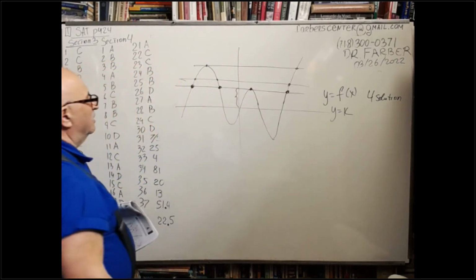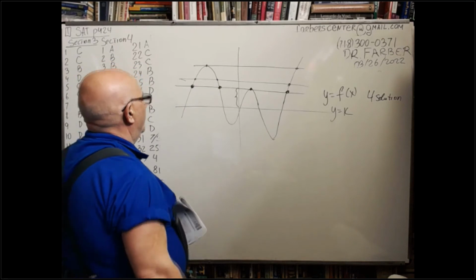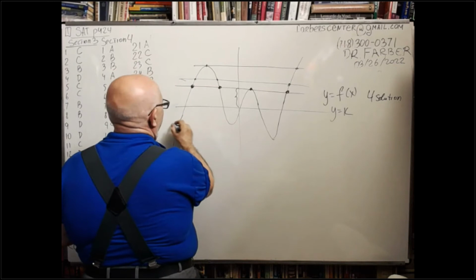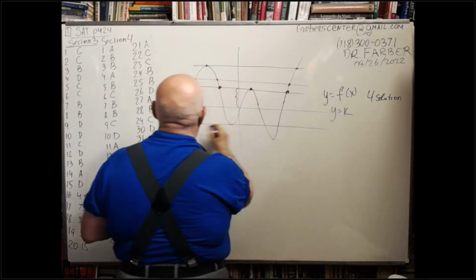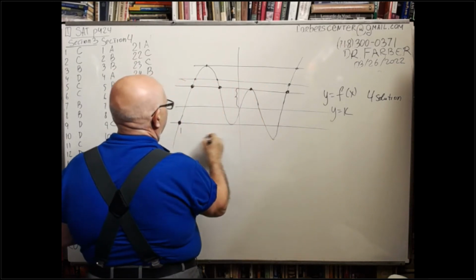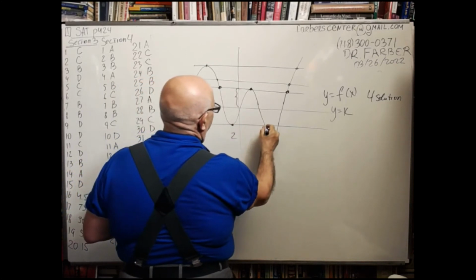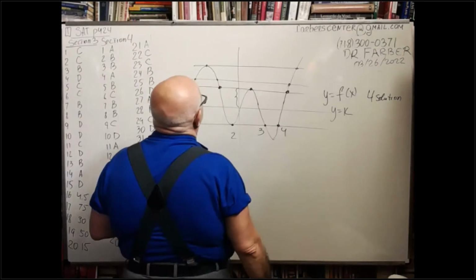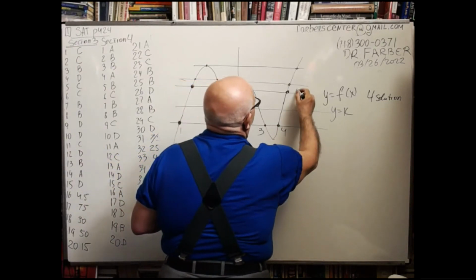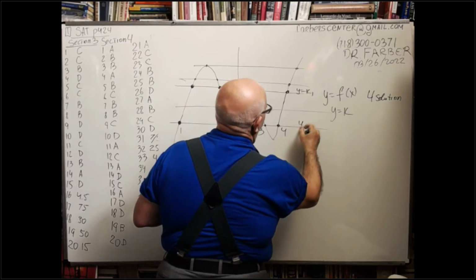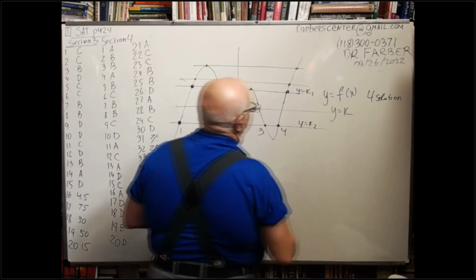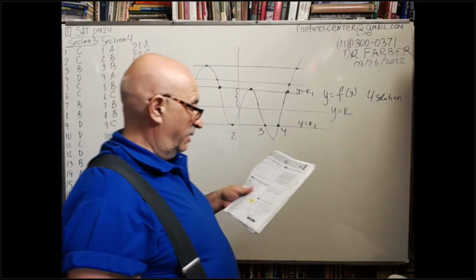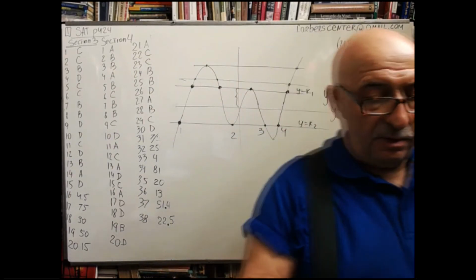Excellent. Look at this graph. Where else can I have 4 solutions? By analogy, if I make a line tangent to this one, I have 1, 2, 3, and 4. So this is y equals k1 and y equals k2. So 2 lines satisfy this situation. Easy, just make a horizontal line.